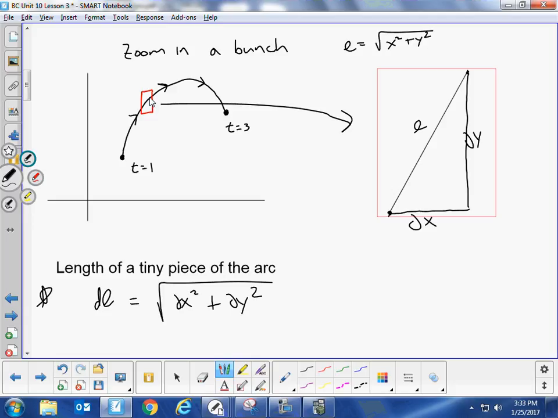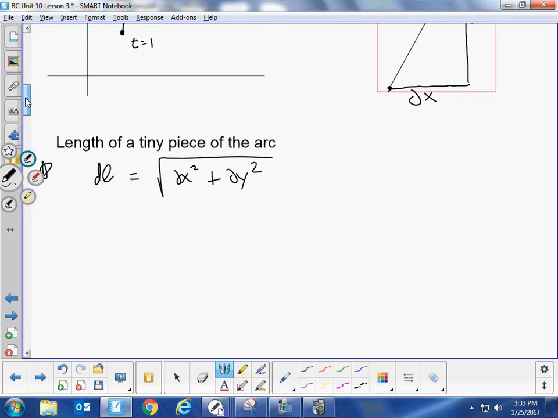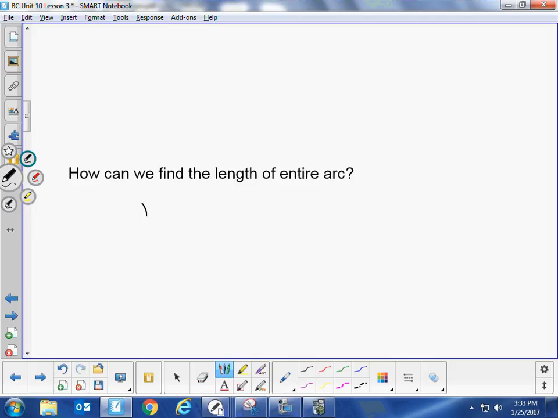Just add up all of it. Beautiful. We could take an infinite sum from some value to some value, we'll figure out what those values are, of all of my tiny dx squareds plus my tiny dy squareds. This is the conceptual idea behind finding the length of an entire arc: take a sum of all my tiny dx's and my tiny dy's.